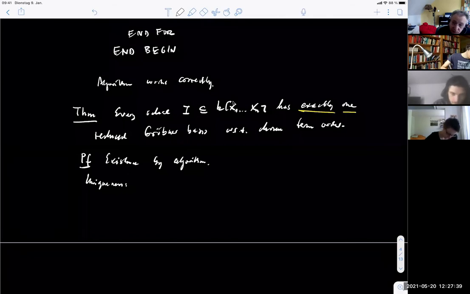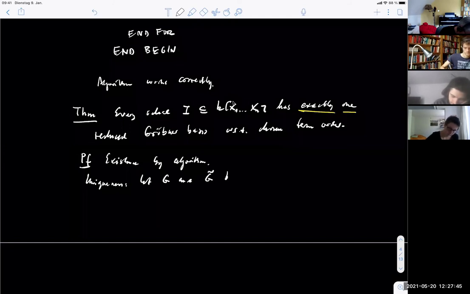I assume I have two reduced Gröbner bases. Let G and G twiddle be reduced Gröbner bases of I. I want to show they are equal. I will show G is a subset of G twiddle, and then by symmetry, I get equality.